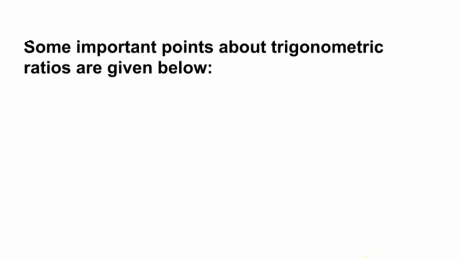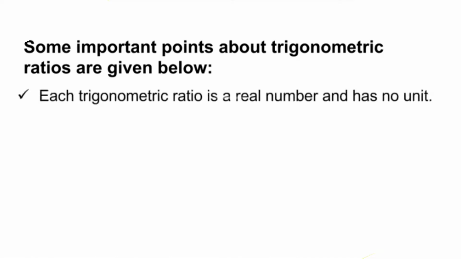Next, some important points about trigonometric ratios are given below. The first one, each trigonometric ratio is a real number. It means it is always a constant and has no unit. It means there are no units for the trigonometric ratios.